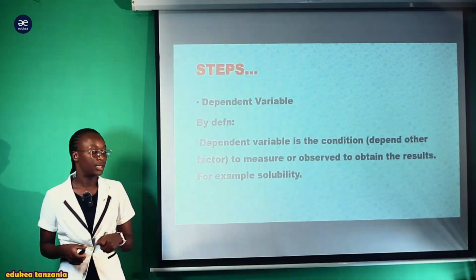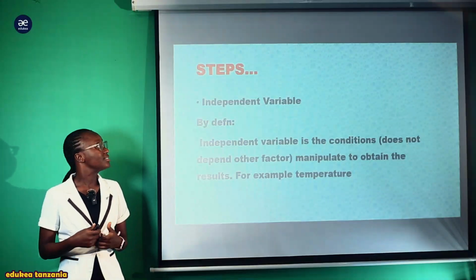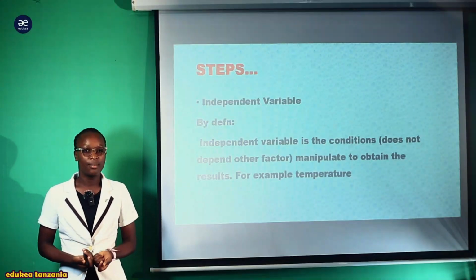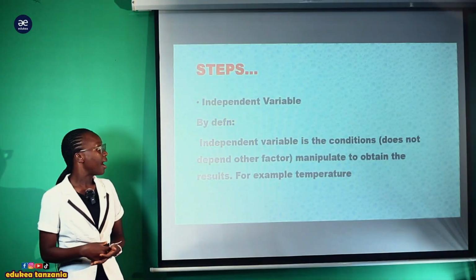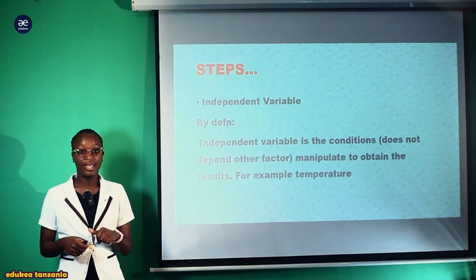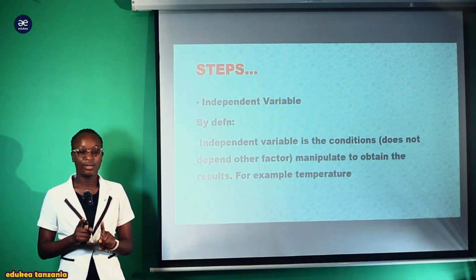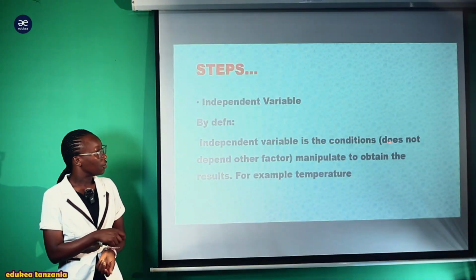Another variable is independent variable. When we talk about independent variable, hapa tunaongelea those variables which do not depend on others. Independent. Does not depend on others. Now, this is a condition manipulated to obtain the result.